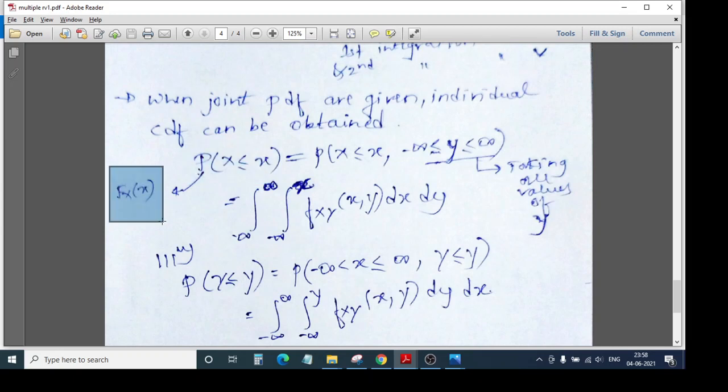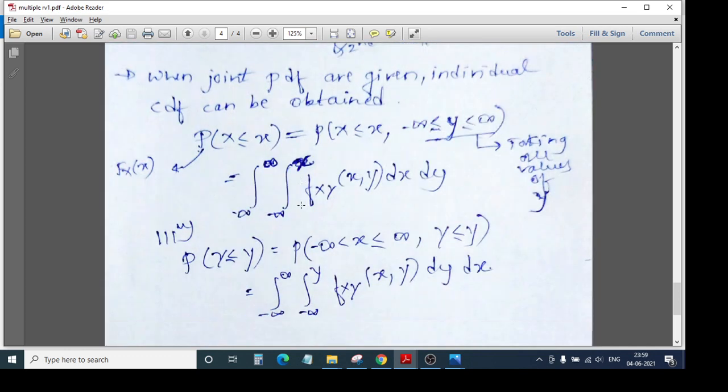How do you represent the individual CDF? It is capital F_X of x. So if I want to find that, then I have to assume one of the variables ranges from minus infinity to plus infinity. That means it takes all the values of Y, ranging from minus infinity to plus infinity.